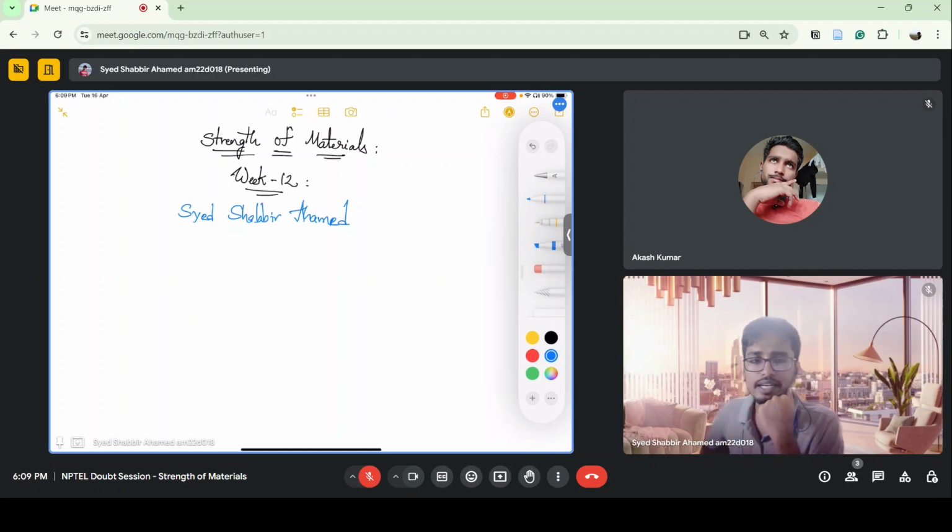I don't know if your own calculator is allowed in the exam. Maybe you have to use the digital calculator which comes in the computer. So go through the rules and regulations and see if you have to use the calculator. If you are comfortable with the calculator which comes in the exam, then it will be fine.